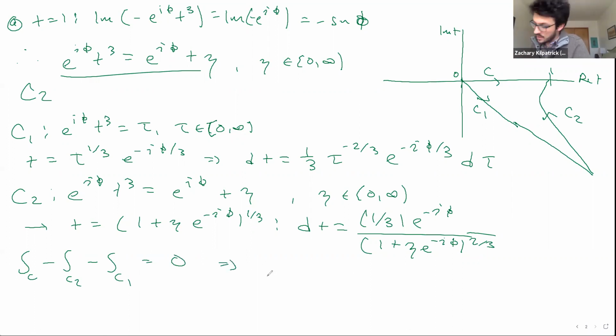And so that means that the integral along C should equal the integral along C1 plus the integral along C2. So now we can just write our integral that we want to evaluate in terms of these two integrals here, which may seem more complicated, but fortunately they're doable integrals.